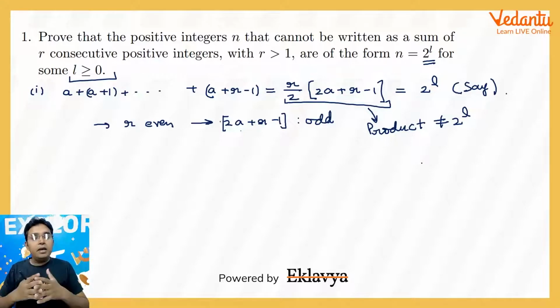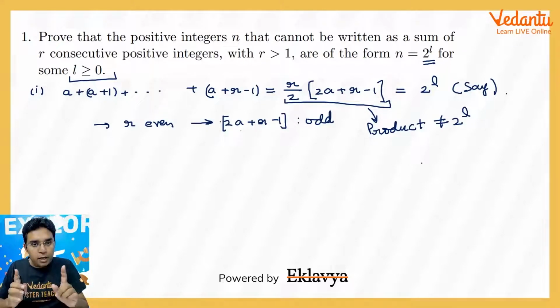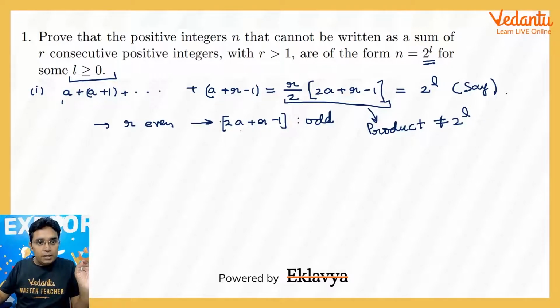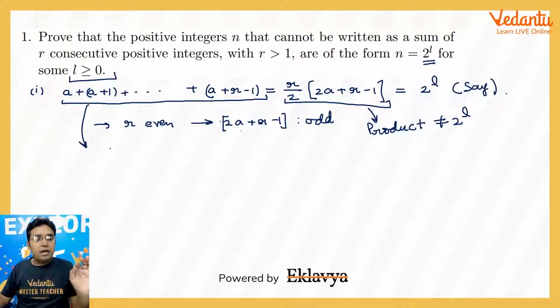Can it be 2 power l, or can it also, in some case, be not equal to 2 power l? Because here we have only proved that a sum of r consecutive integers cannot be 2 power l, but for the other case, how can we say that it will be 2 power l only? To say that, we should prove the converse also.